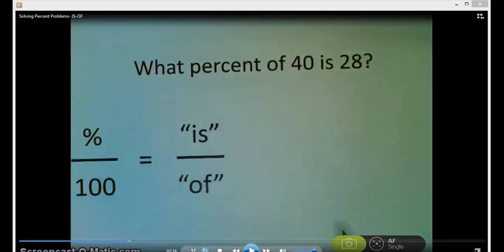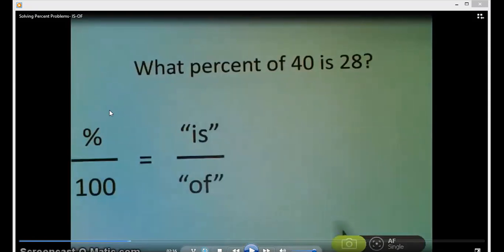What percent of 40 is 28? Which one is missing here? Ask yourself, which one is missing in this sentence, and which ones can we find? Look here, after the word of, I have 40, after the word is 28, and I don't have percent. I don't have any number before the word percent.